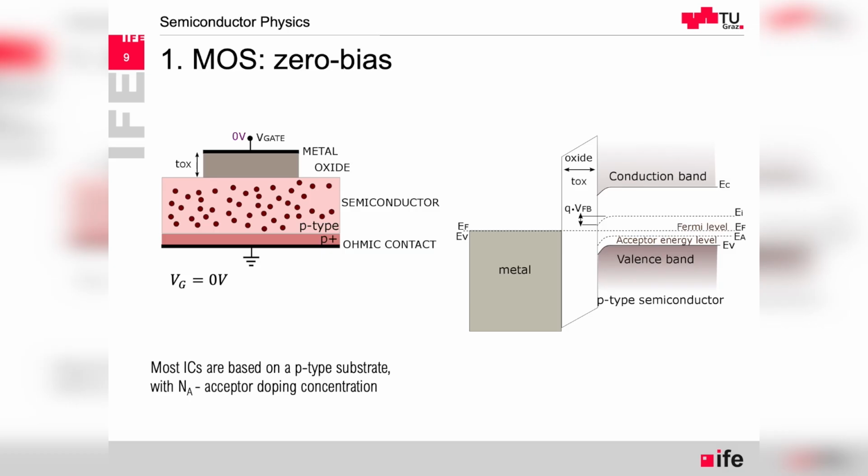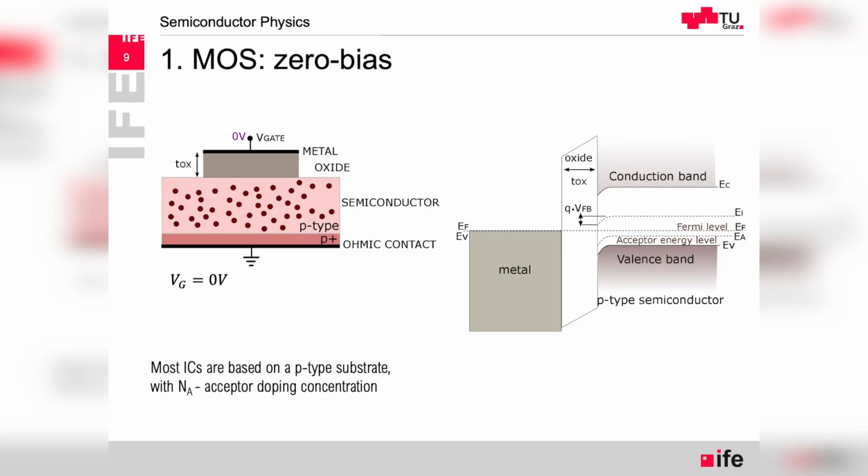So what we have here is that you need a different amount of energy to remove electrons from the Fermi level of the metal, which in fact is just a single level here at the top of the valence band. And in the semiconductor, we have the Fermi level, which is dependent on the doping.